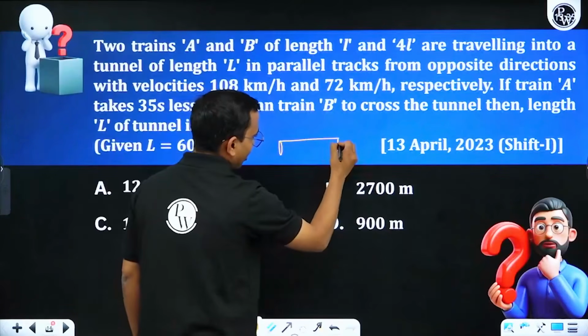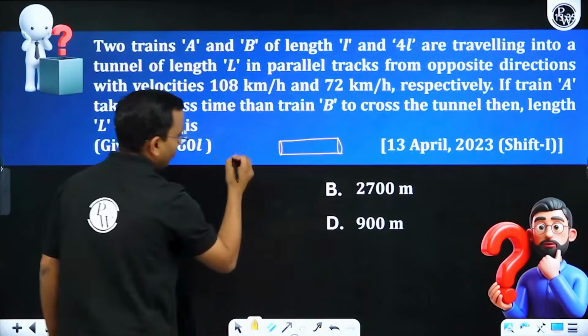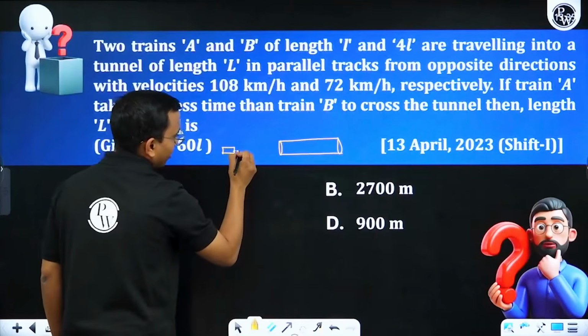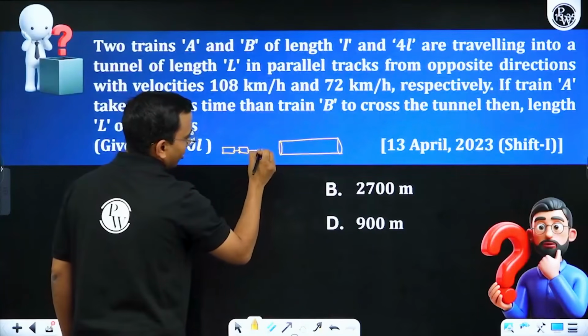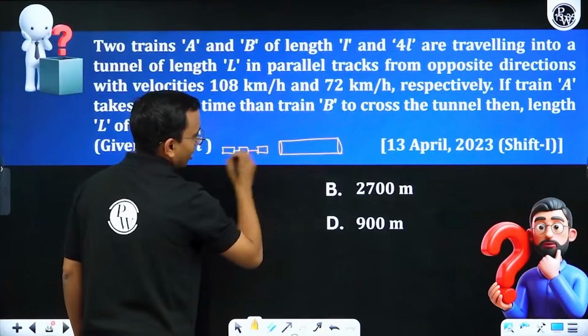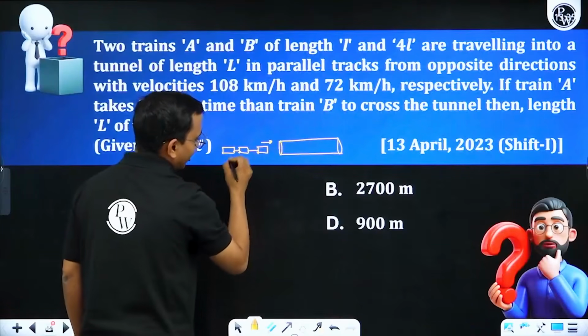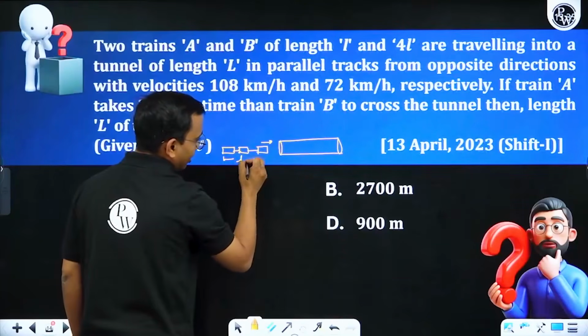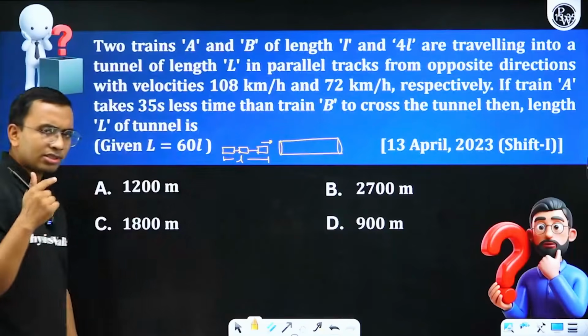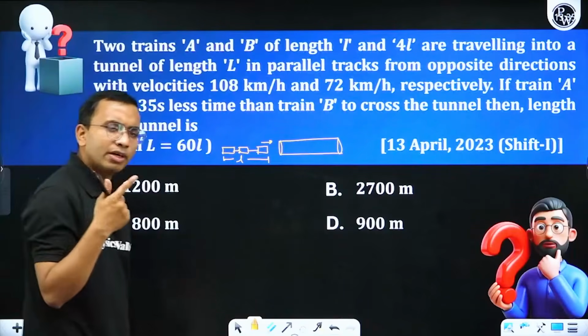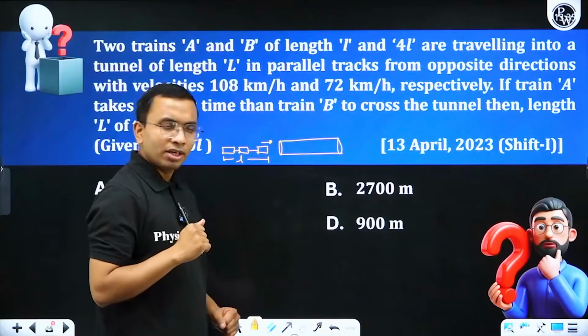this is the tunnel. If a train is coming, like this, and the length of the train is, let us take l. So how much distance does this train need to travel to cover this tunnel?